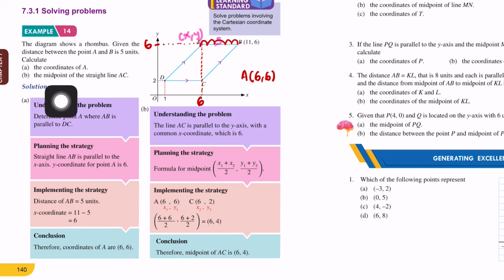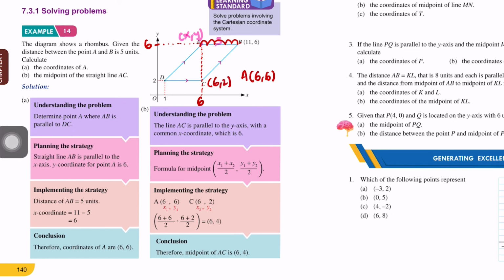Next, midpoint of straight line AC. Now kita nak cari dia punya midpoint. First, kita kena cari coordinate of C. Coordinate of C, kan dah ada ni: x is 6, y is 2. So 6, 2.